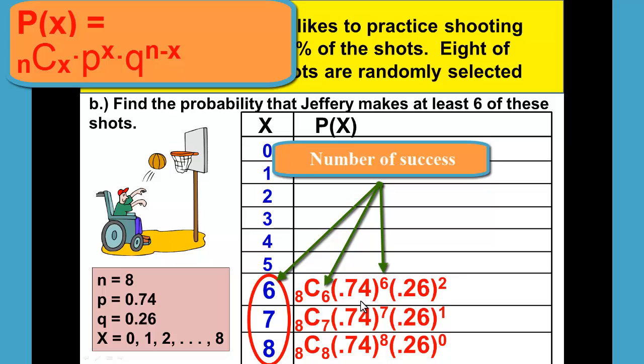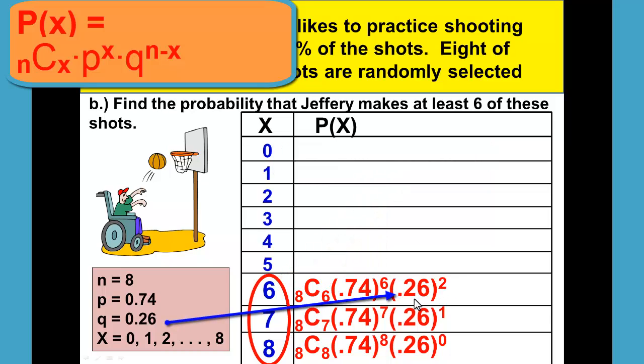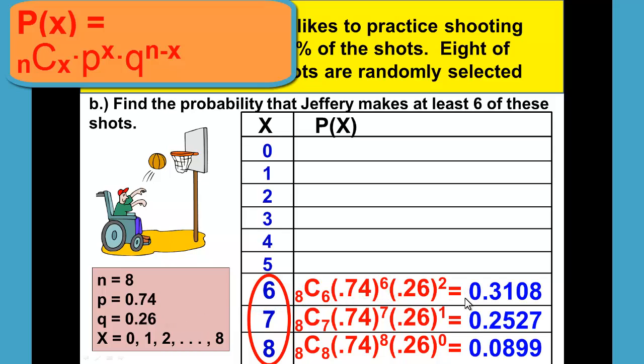Then we have the probability of success, 0.74, raised to the 6th power, the number of successes. Then 0.26, the probability of failure, raised to the number of failures. And actually, this is the same formula that we went over in part 1. And that will give us our answer.